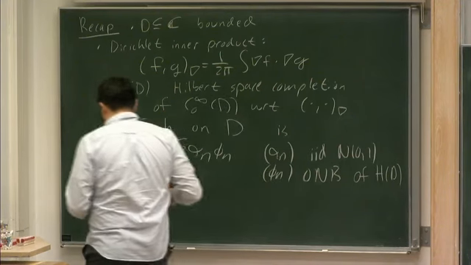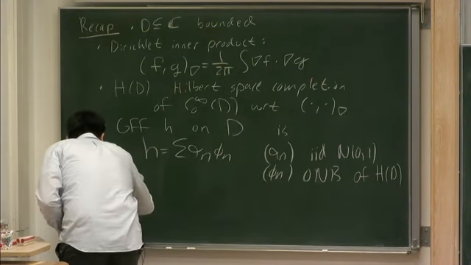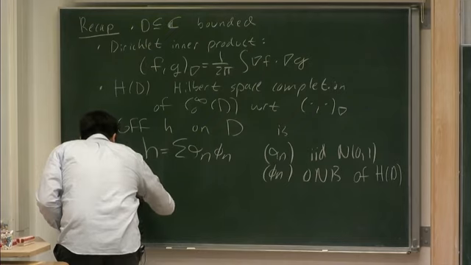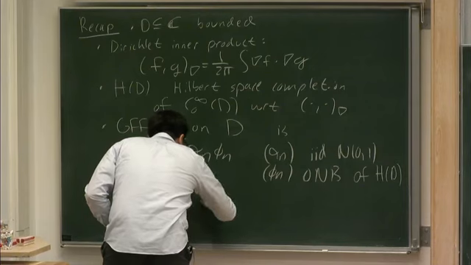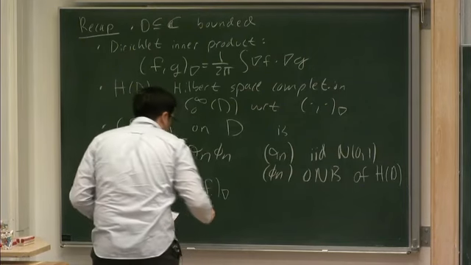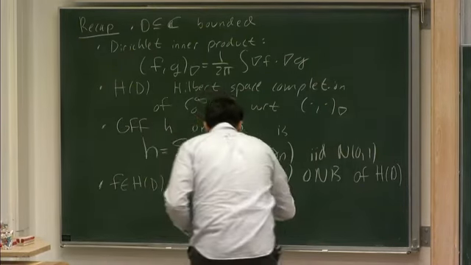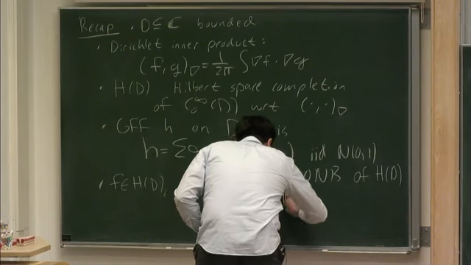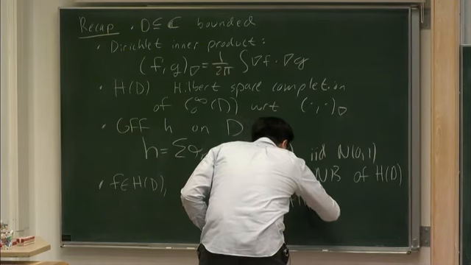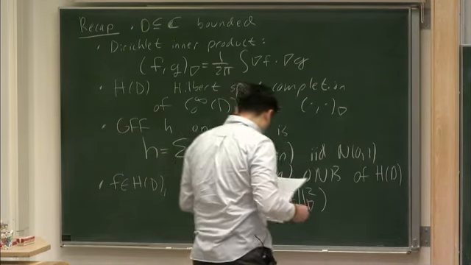And we showed that if we have any function f in H of D, then the Dirichlet inner product of the Gaussian free field and f is well defined, and this is a normal random variable with mean 0 and variance given by the norm of the test function.